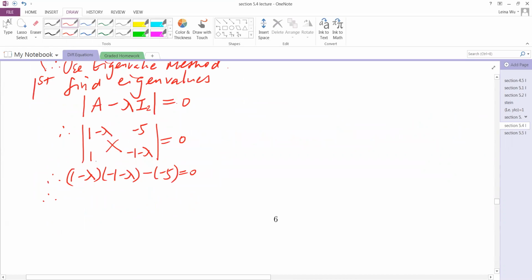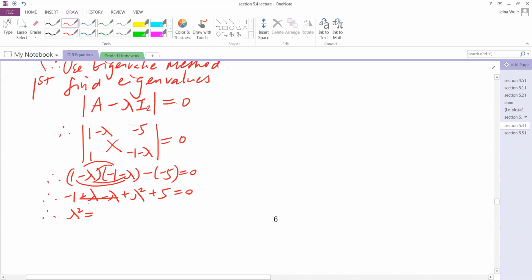All right, and then you do FOIL. So -1 plus lambda minus lambda plus lambda squared plus 5 equals 0. Good? Yep. So what do we have? These cancel out.